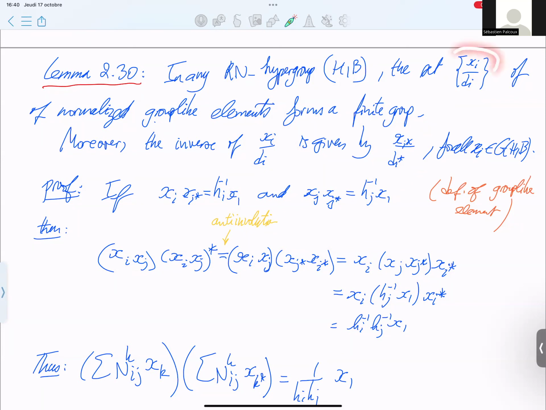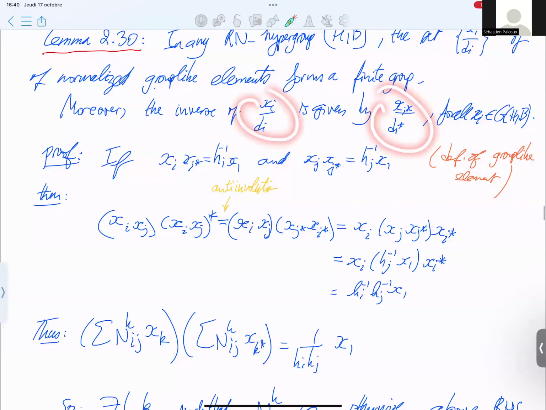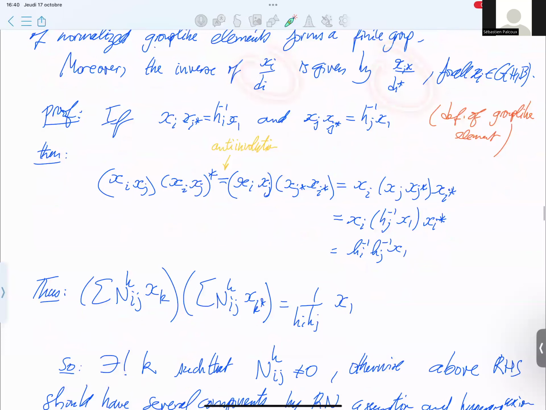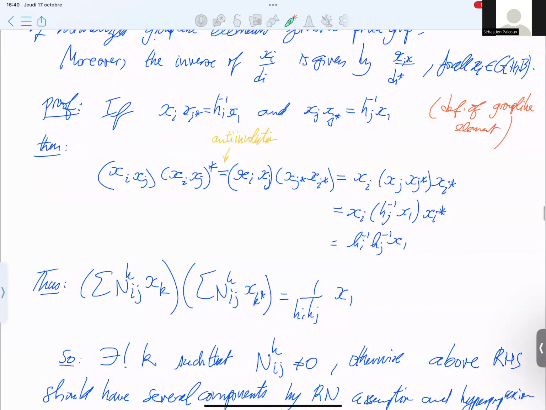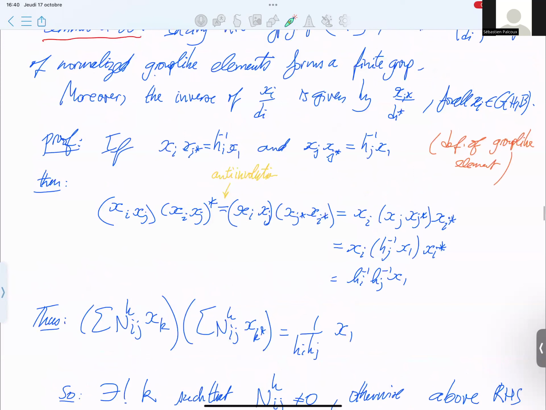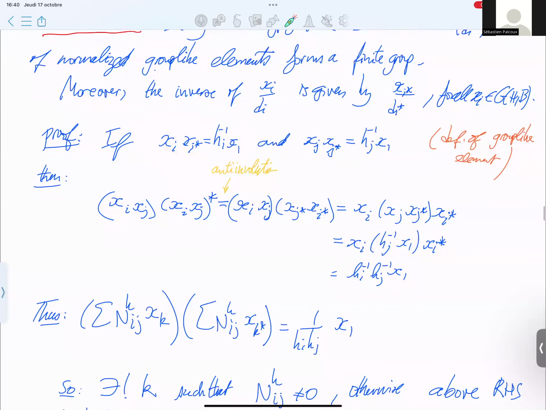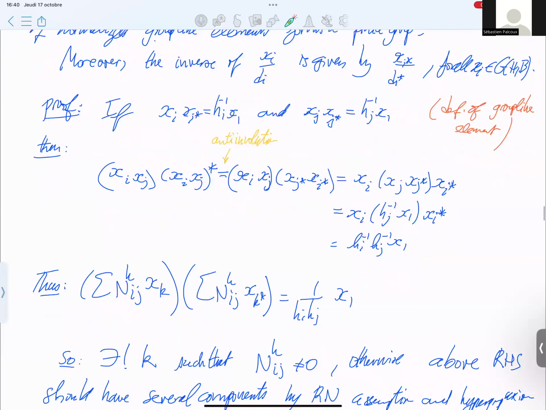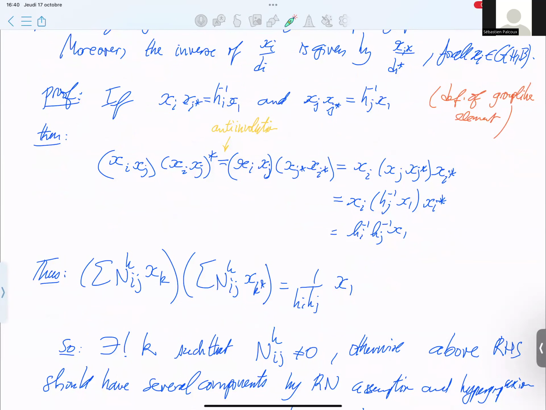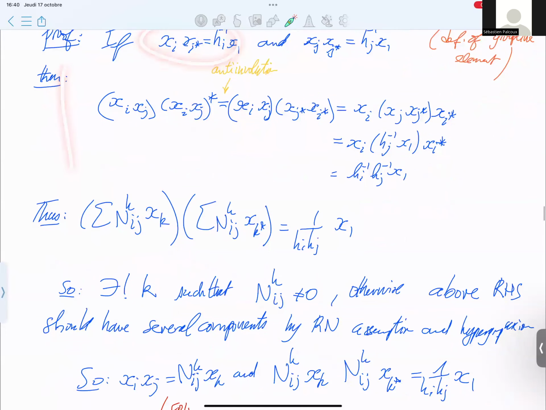So this set is not the set of all the normalized standard elements, it's the set of all the normalized group-like standard elements. And this forms a group with this inverse for this element. So group-like element is that, and it's just a check. You use this definition and you check, and it should work.